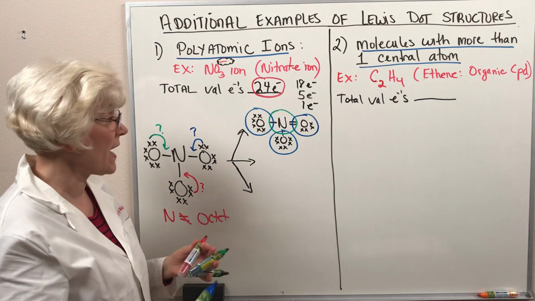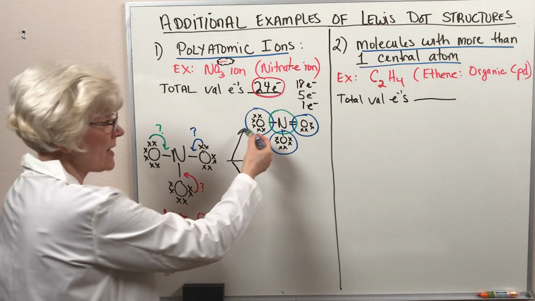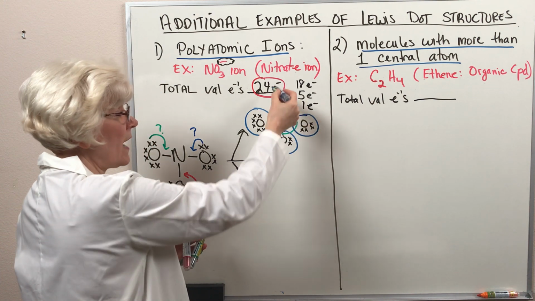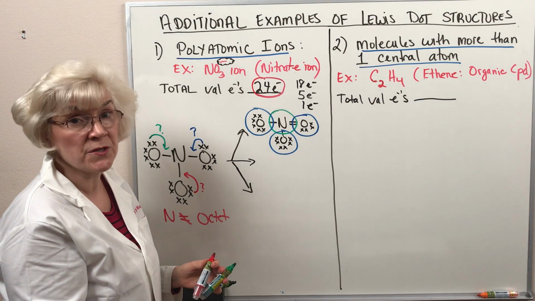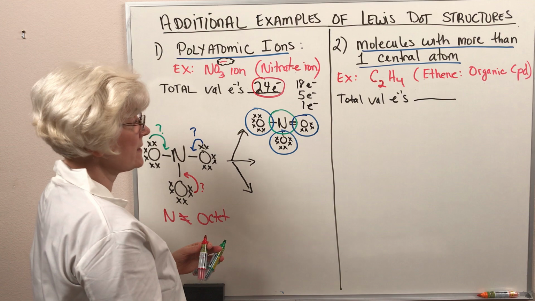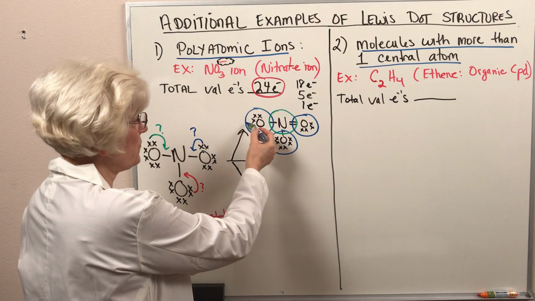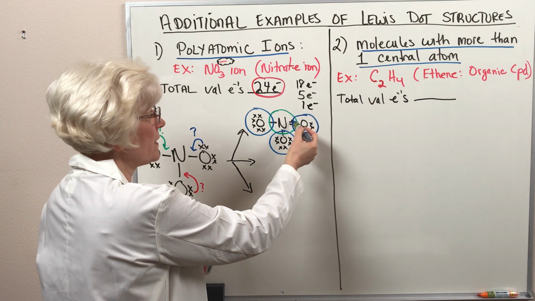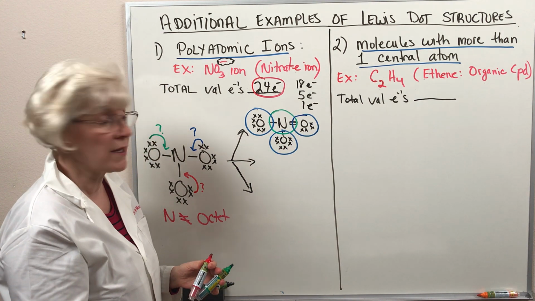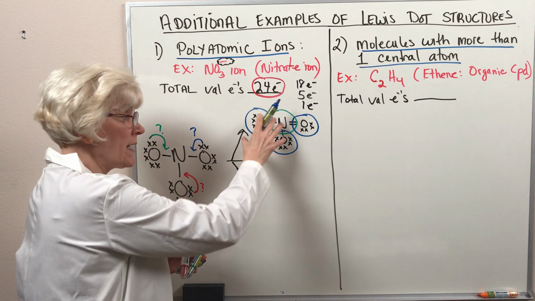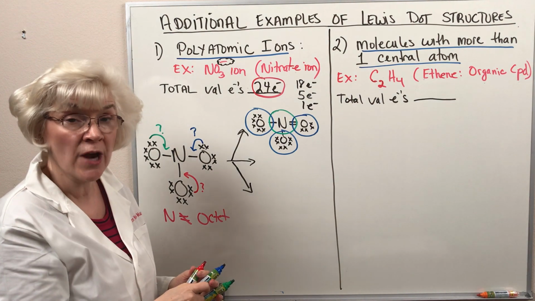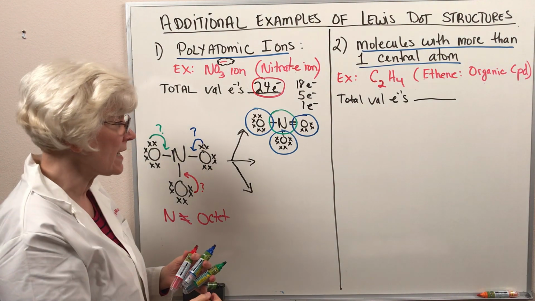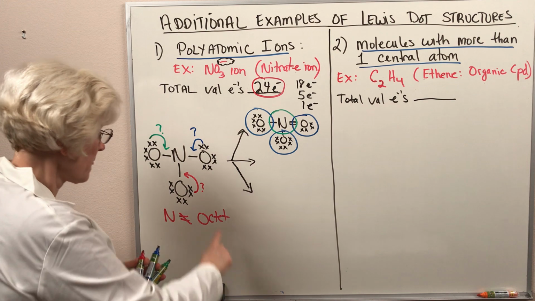So every atom has an octet, and as I look at the count, I see that it is adding up to the correct total number of valence electrons. 2, 4, 6, 8, 10, 12, 14, 16, 18, 20, 22, 24 electrons. So it's satisfying the criteria that make it a valid structure.